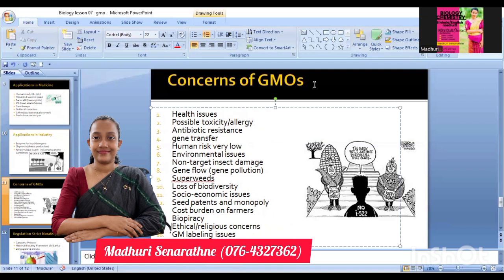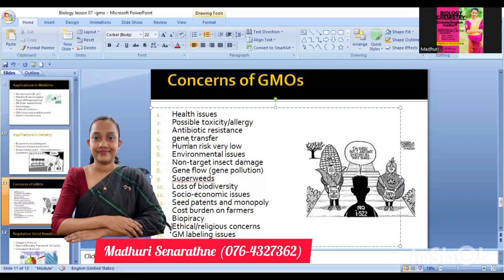GMOs have many benefits, but there are also some concerns. As health effects, we can mention allergies and toxicity. Antibiotic resistance. Then environmental issues.